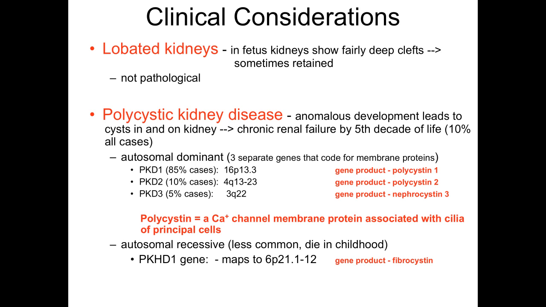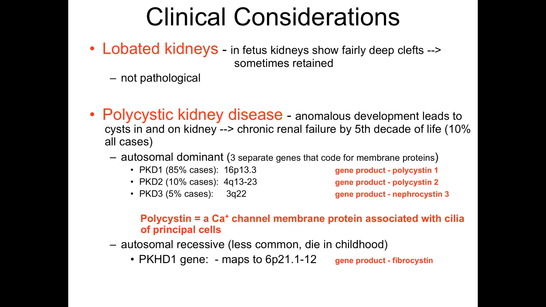The autosomal dominant forms are the more common forms, and there are 3 different genes that relate to the autosomal dominant polycystic kidney disease. As you can see here, polycystic kidney disease gene 1 codes for polycystin 1, polycystic kidney disease gene 2 codes for polycystin 2, and not surprisingly polycystic kidney disease gene 3 codes for a gene called nephrocystin.